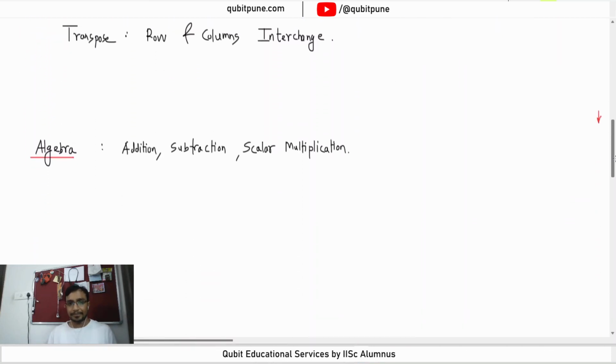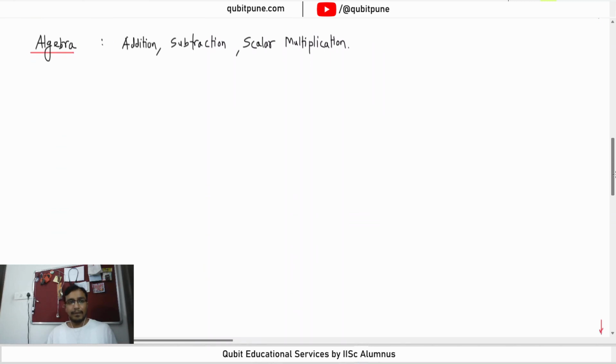Okay. Fine. In matrix algebra, what are the requirements for addition and subtraction? What are the mandatory conditions that the matrices must satisfy?